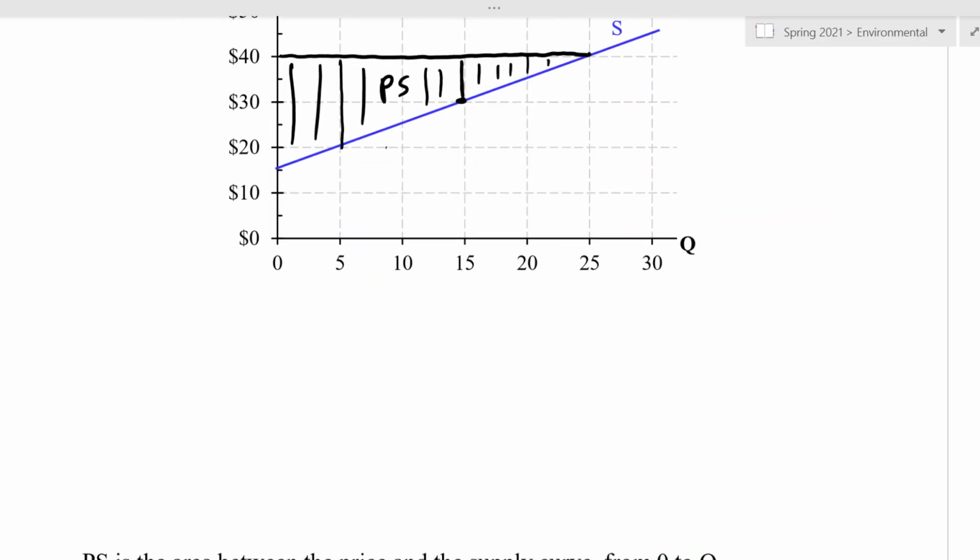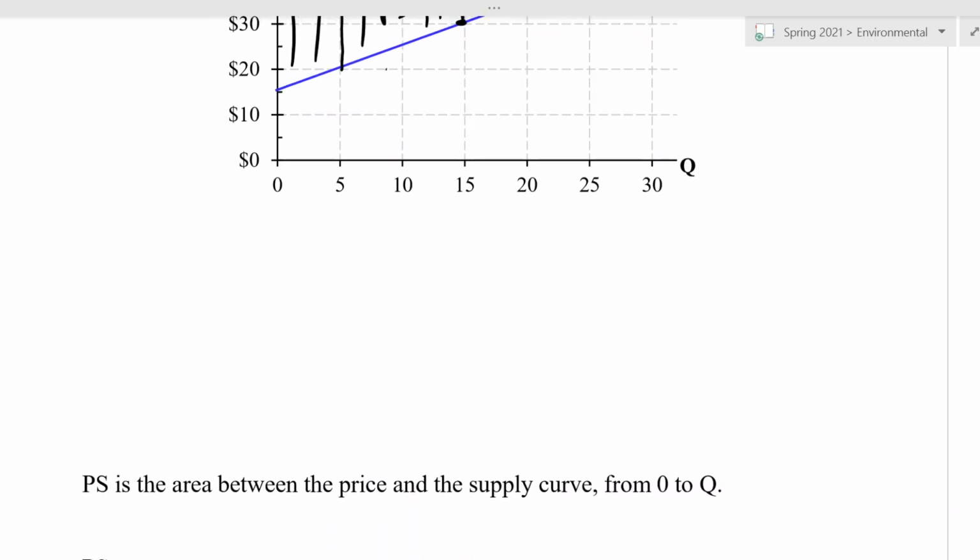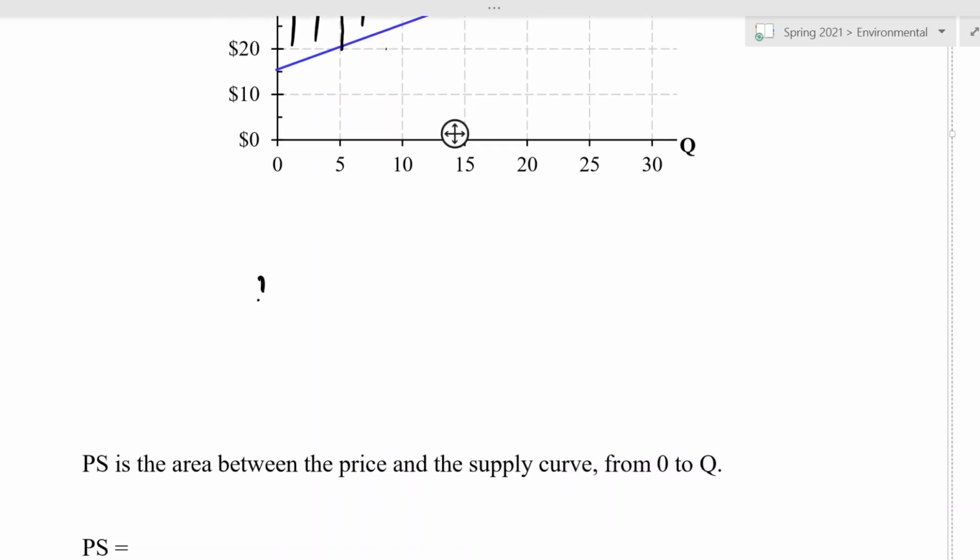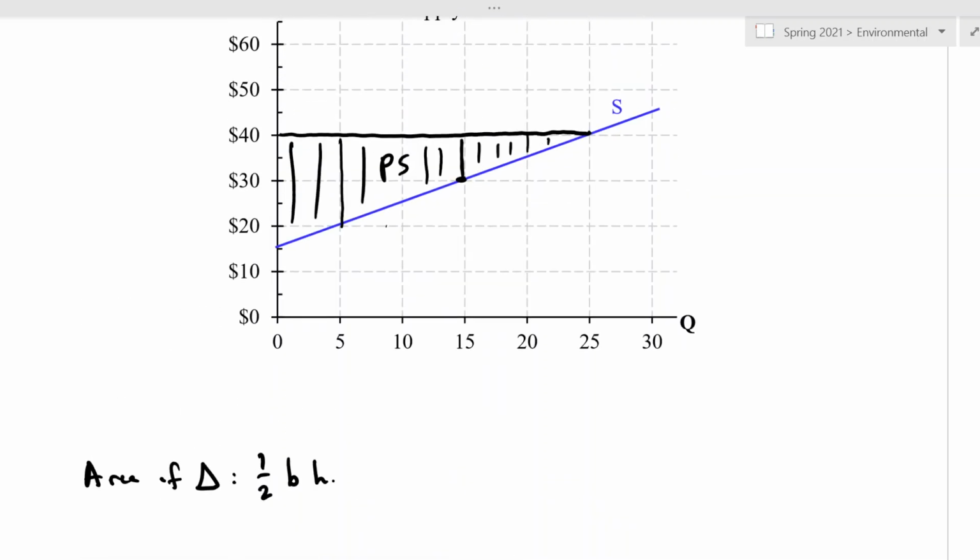So the way we do that, the area between the price and the supply curve is, remember, half the base times height, the area of a triangle. And this triangle happens to have a base of 25 and a height of 25, because we're starting here at 15 up to 40.